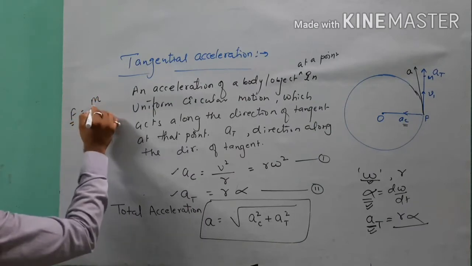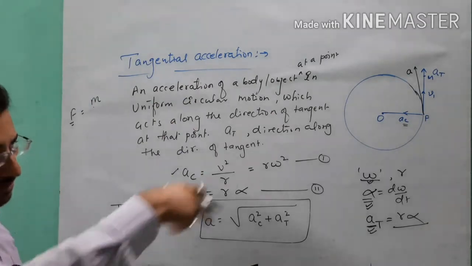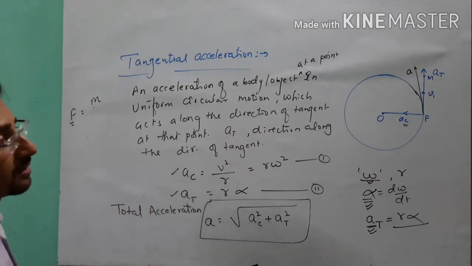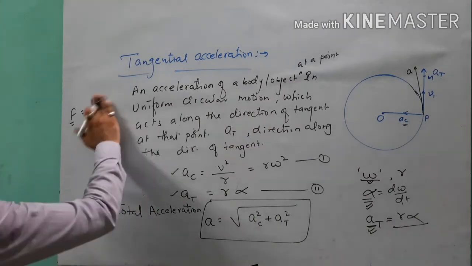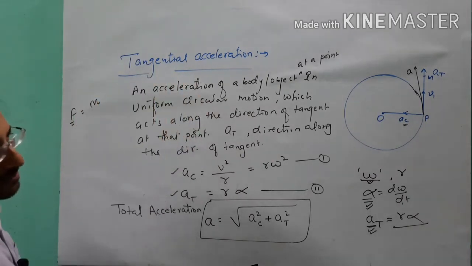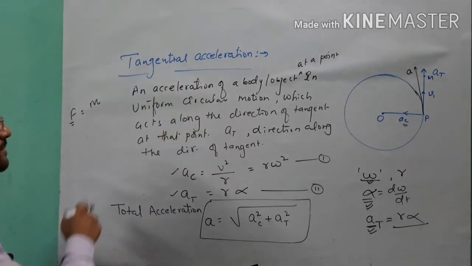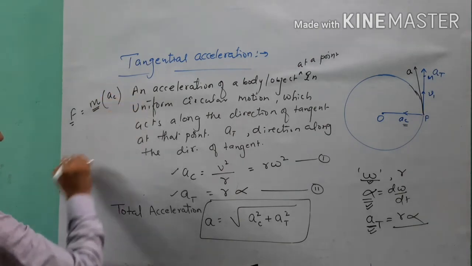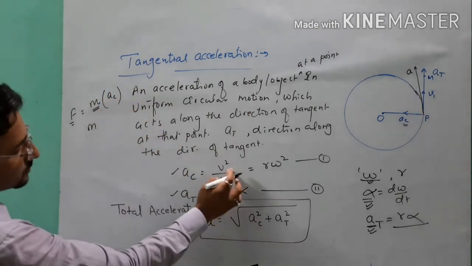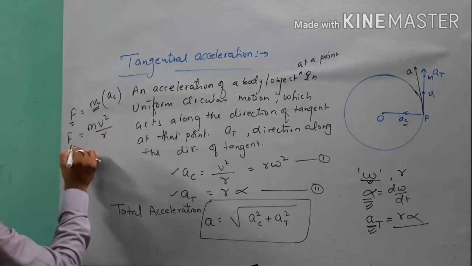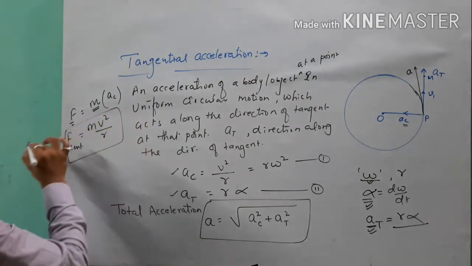And if a body of mass m is doing uniform circular motion in a circular path of given radius r with some constant speed, then the product of the mass of the object and the centripetal acceleration, which is v square over r, is called the centripetal force, and its formula is in front of you, mv square over r.